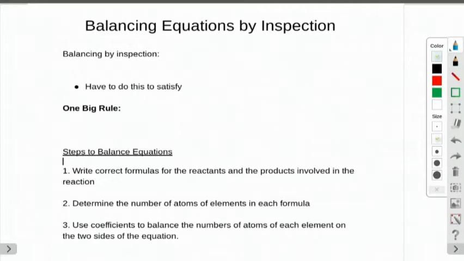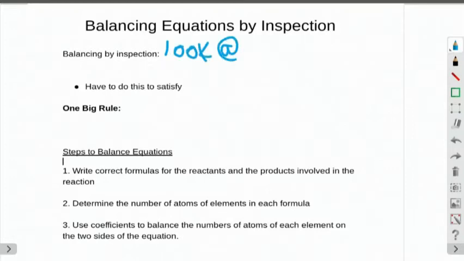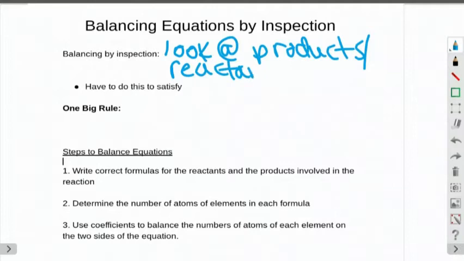So when you think of the word inspection, you think like maybe a car. When you have to get your car inspected, they look over all the different things to make sure that they kind of work properly and that your car can run fine. So we're going to balance by inspection in a way where we are going to look at products and reactants and add coefficients.